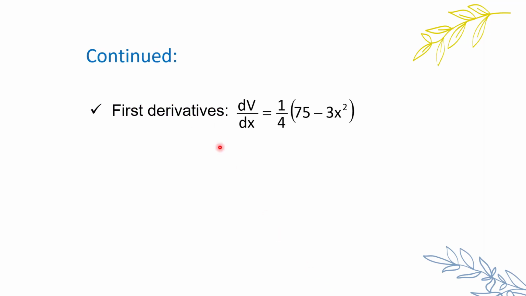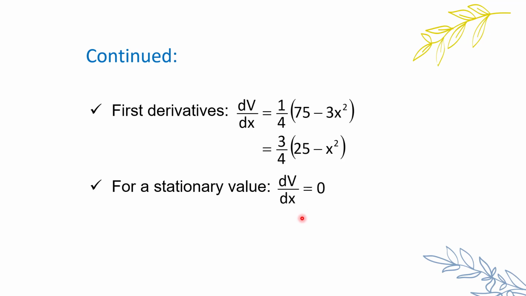Now let's continue to the first derivative to find the stationary point. dV/dx will be 1/4 multiplied by (75 minus 3x squared). This can be simplified, and we make it equal to 0 to find the stationary value.